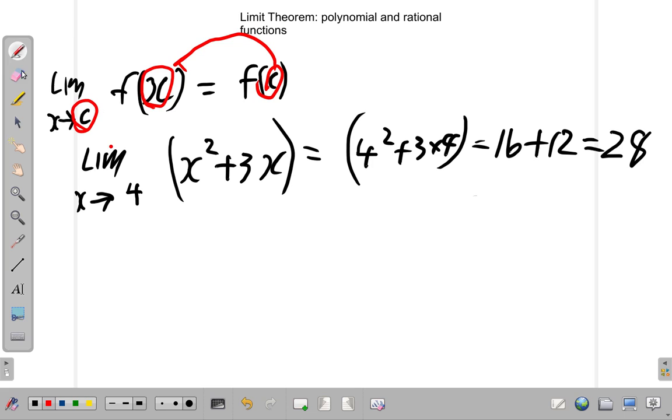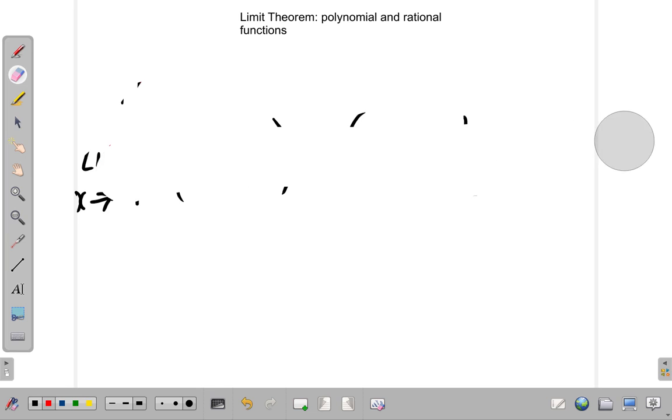Now let's look at an example with a rational function. Suppose you need to find the limit. Let me use a different color.